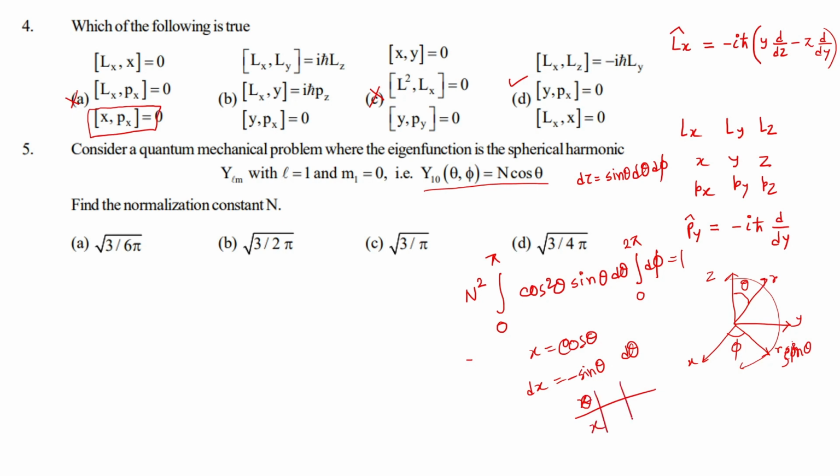Your theta goes from 0 to pi. So at theta equal to 0, your x would be 1, and at pi it is minus 1. I will give you the modified integral, which is 1 to minus 1 of minus N square x square dx, and obviously the integral of d phi from 0 to 2 pi is going to give you 2 pi, equal to 1.